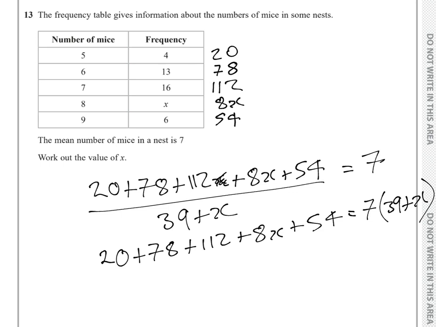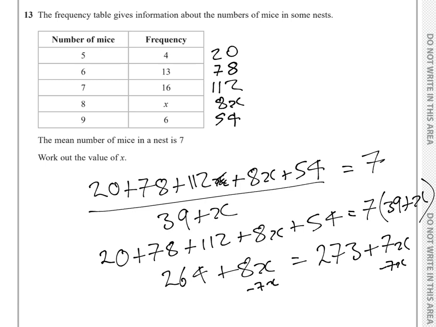So I collect together all the numbers. 20 plus 78 plus 112 plus 54 is 264, plus 8x equals 7 lots of 39, 273 plus 7x. Okay, so I'm going to take 7x off both sides.